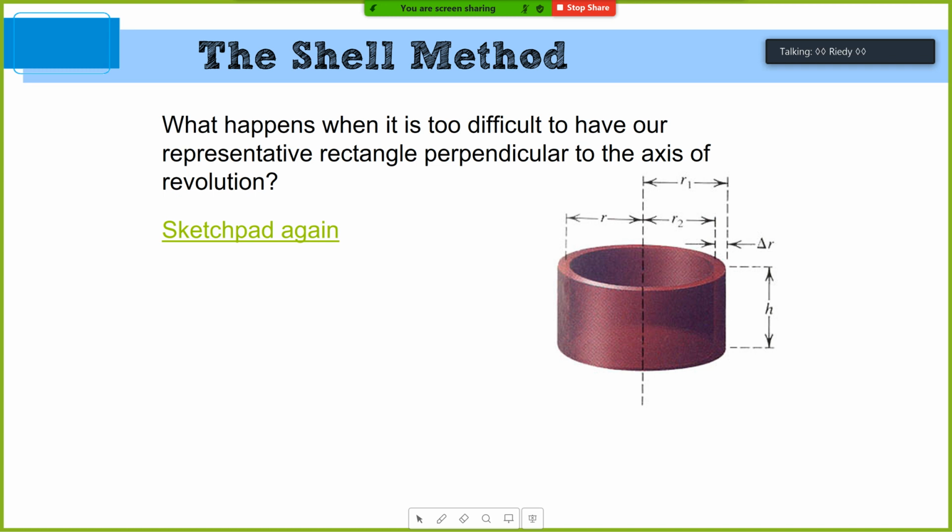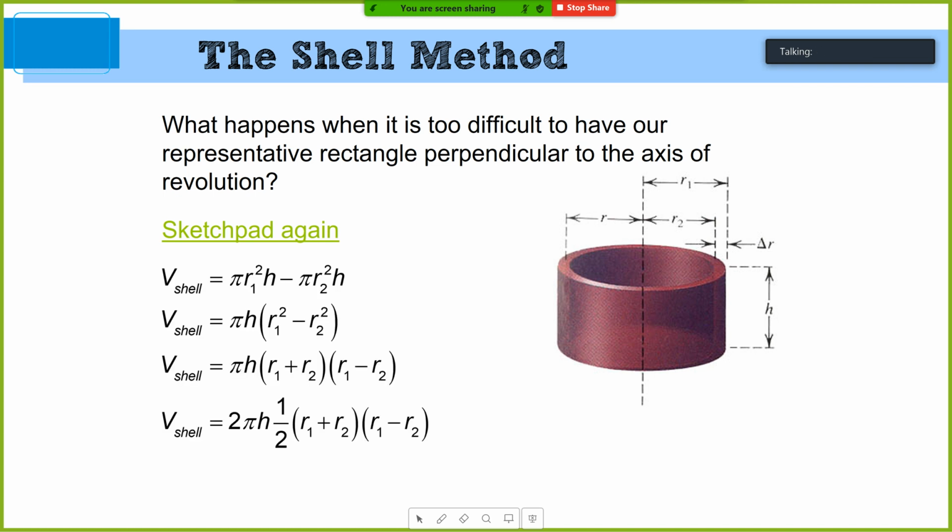R1 is the distance from the center out to the outside radius. R2 is the inside radius. And R is the distance halfway between. Okay, so we'll come back to that. There's a lot going on here. This first line is what Kevin described. This is the outside cylinder minus the hole.